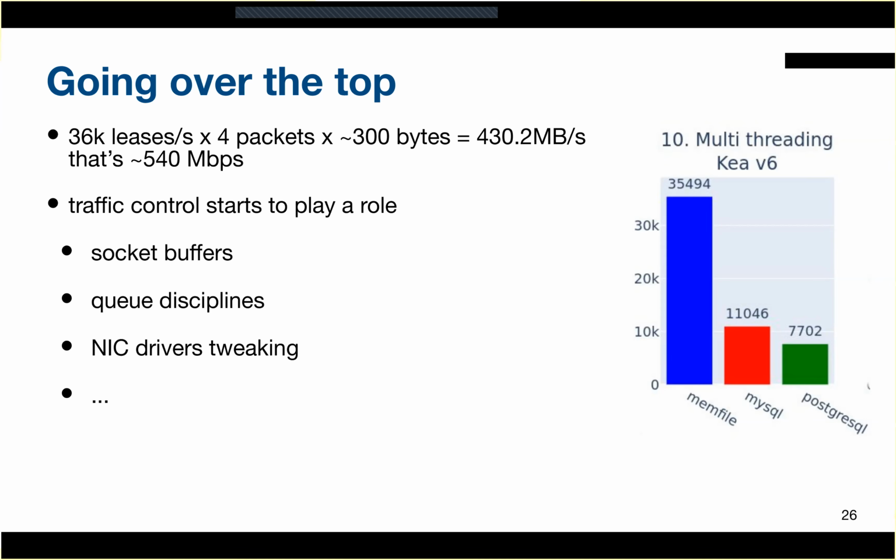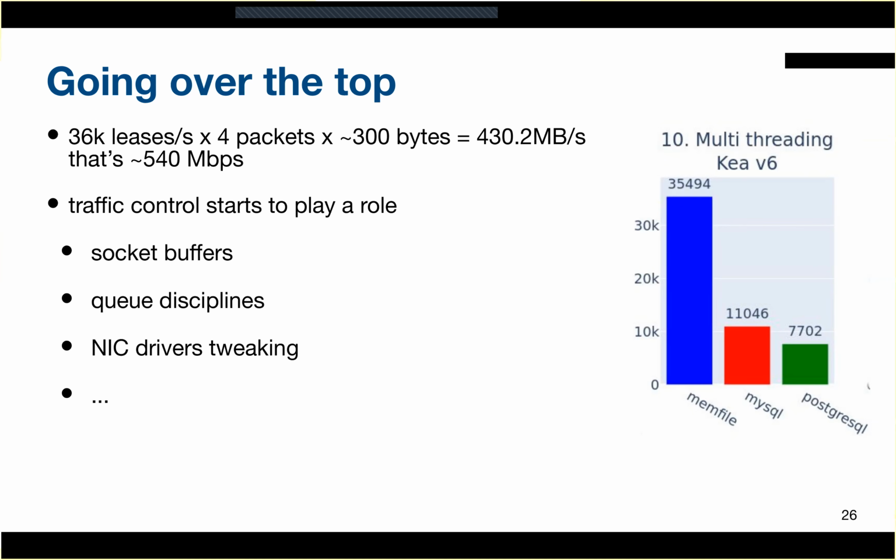Let's assume each packet is 300 bytes. This is very deployment dependent, how many options you send, but this is a rough guess. This gives you 540 megabits per second. Sorry, there's a mistake on the slide. There should be 43.02 megabytes. But still, this is like half a gigabit of DHCP traffic.